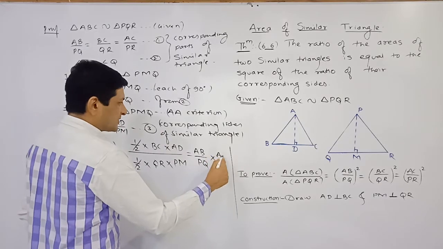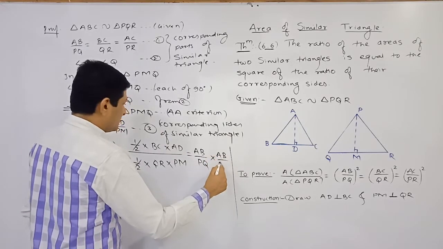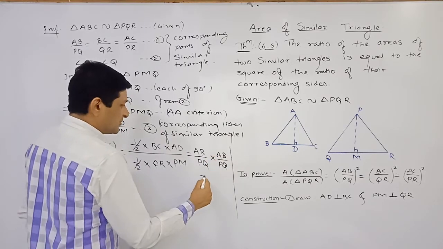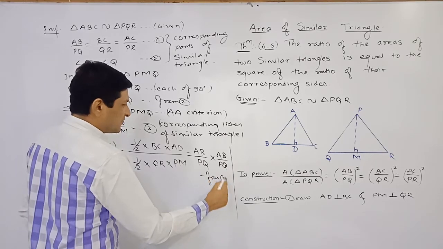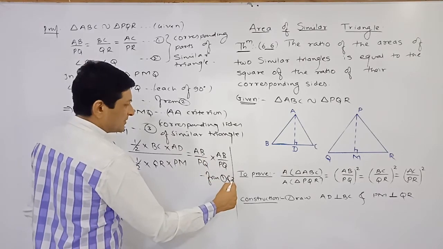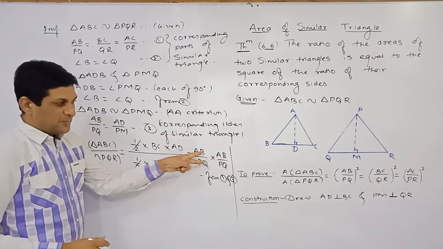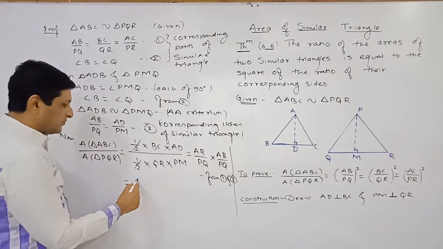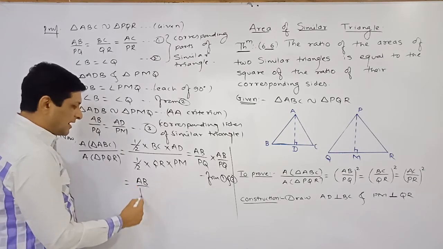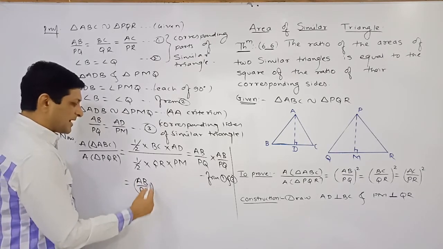So these values we are substituting from equations first and third. Now AB upon PQ into AB upon PQ will be equal to AB upon PQ whole squared.